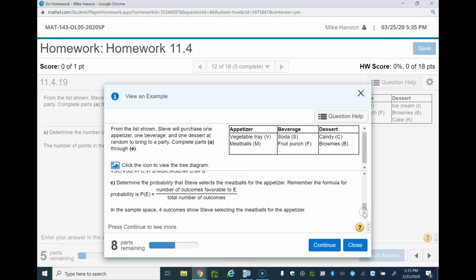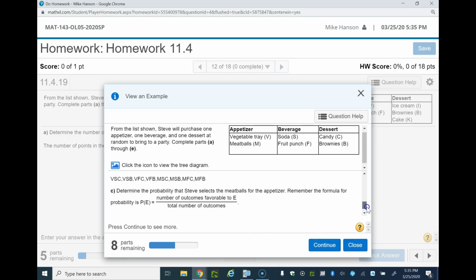Part C is determine the probability that Steve selects a meatball for an appetizer. So I'm looking at all our choices. I want the number of choices where he at least can have meatball as a choice. One or two ways you can look at this: you can go to your listings in part B and list all the number of times you see an M. He can get these items, these items, these items, all of these considered to have meatballs.